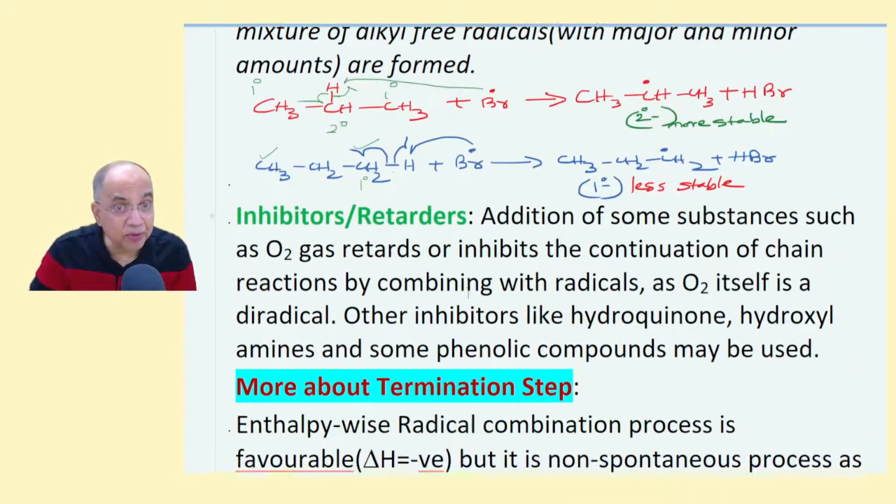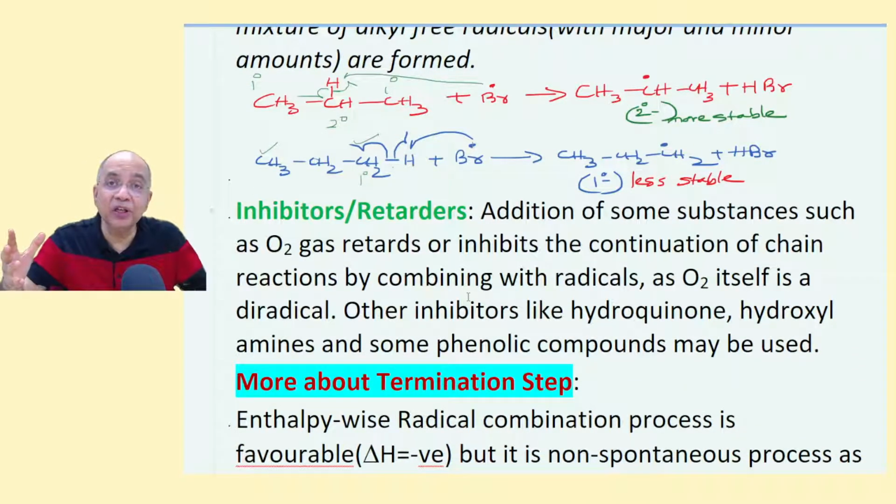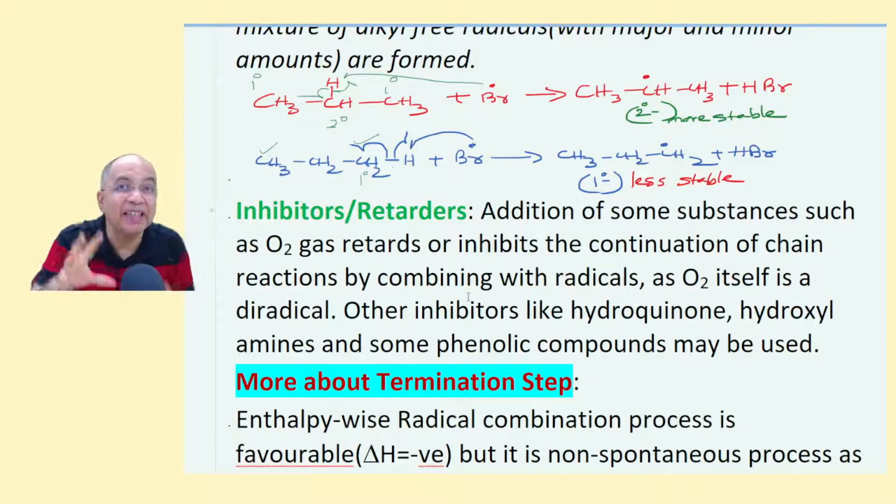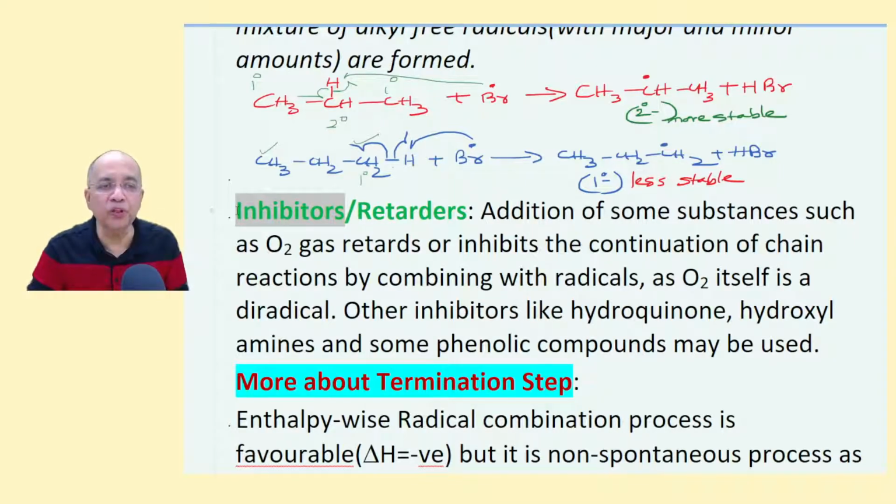Now sometimes the radical mechanism becomes so fast, we have to control it by adding some retarders, which will slow down the reaction. Sometimes we call them inhibitors. Don't be swayed by the word inhibition. Inhibitors are not used in a literal sense.